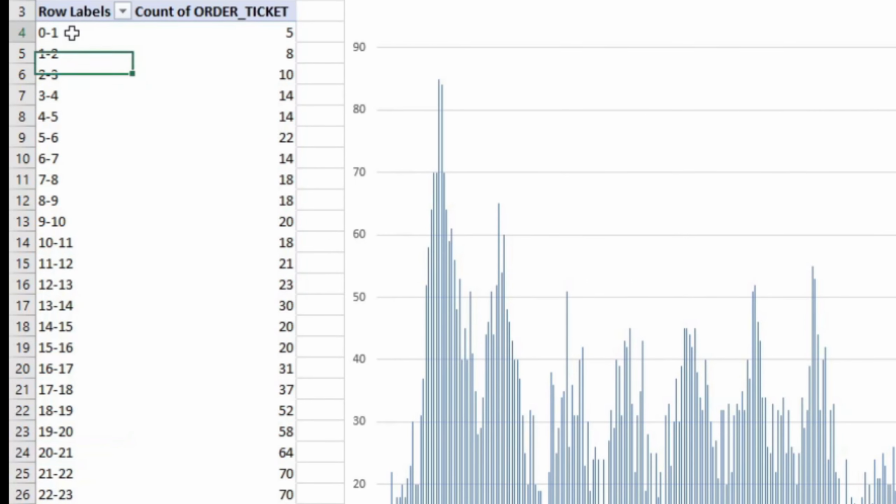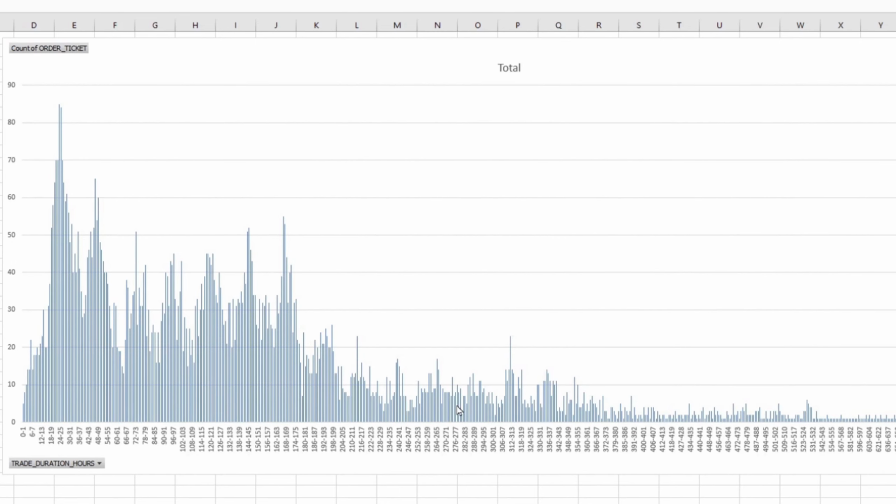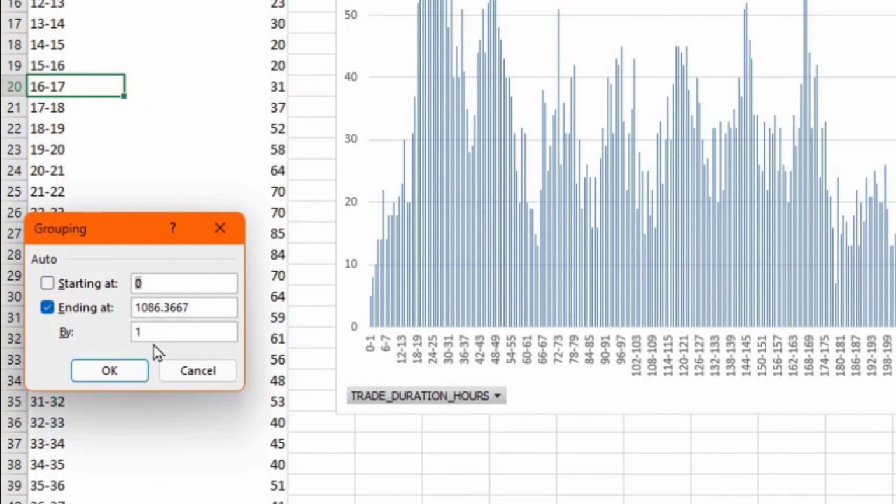So for example, we had 5 trades that lasted between 0 and 1 hour. We had 8 trades that lasted between 1 and 2 hours, and so on. Now, because this distribution chart has so many segments, I think it's worthwhile using bigger buckets here. So I'm going to split them into 6-hour buckets.